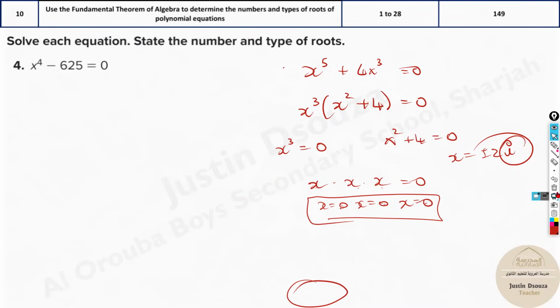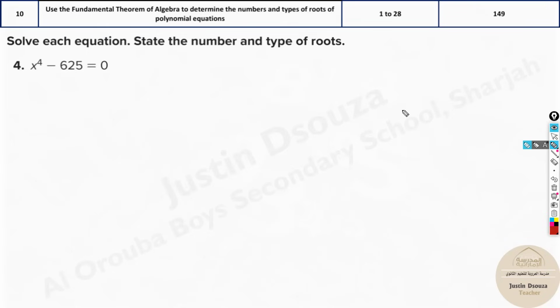Let's look at other problems. Here, different ways can be used to solve this problem. What I usually prefer is, instead of x to the power 4, I take it as u squared. Like, assume u to be x to the power 2. So what is u squared? x to the power 4. We have done this in question number 7. So here this is u squared minus 625 equals 0.